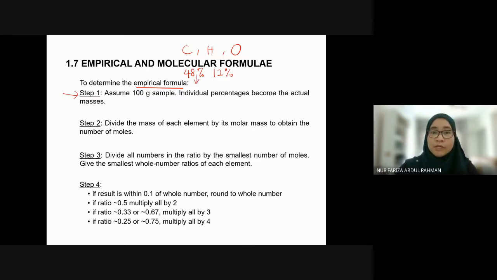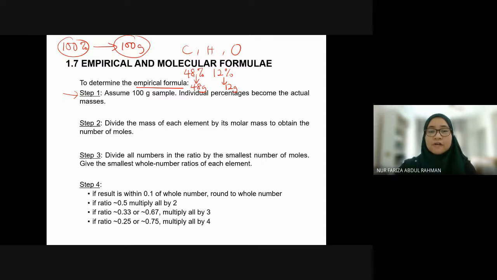So 48% becomes 48 gram, and 12% becomes 12 gram, because we assume that 100% means 100 gram of sample. So we simply convert the percentage into gram without any calculation.